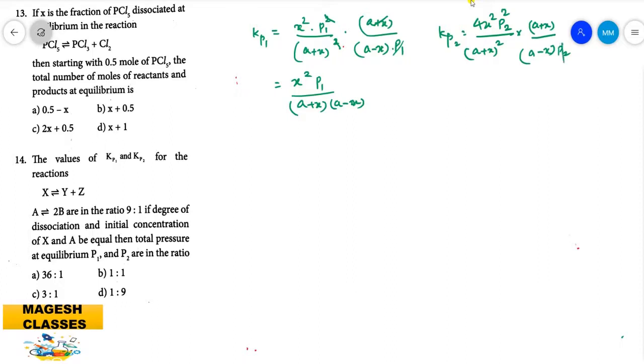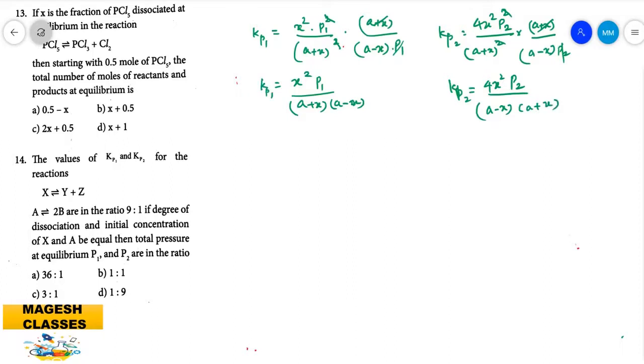So cancelling P2 and A plus x, you get Kp2 equal to 4x squared into pressure P2 divided by A minus x into A plus x.